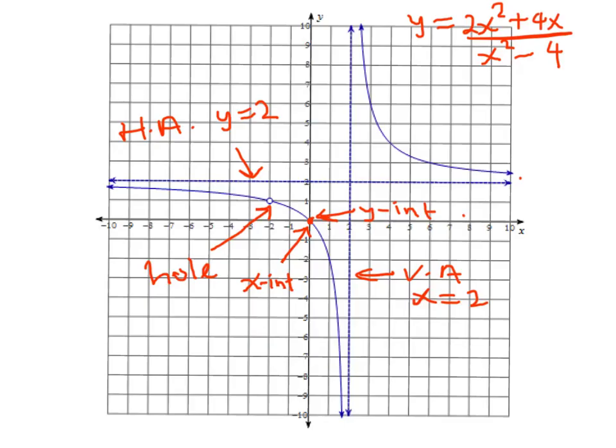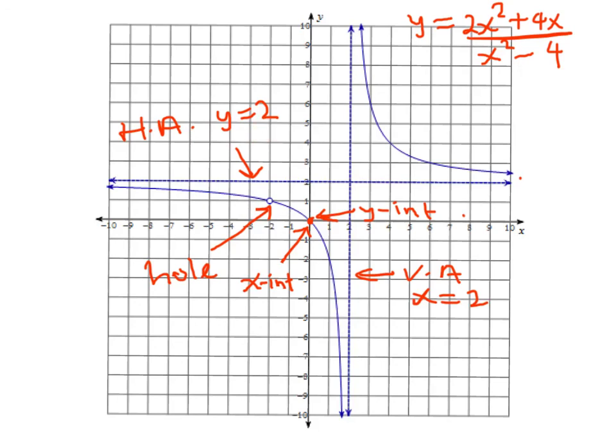Here is the summary of all the properties of this function y equals x squared plus 4x divided by x squared minus 4. We found the hole to be at (-2, 1). We found the vertical asymptote to be at the line x equals 2. We found the horizontal asymptote to be along the line y equals 2.